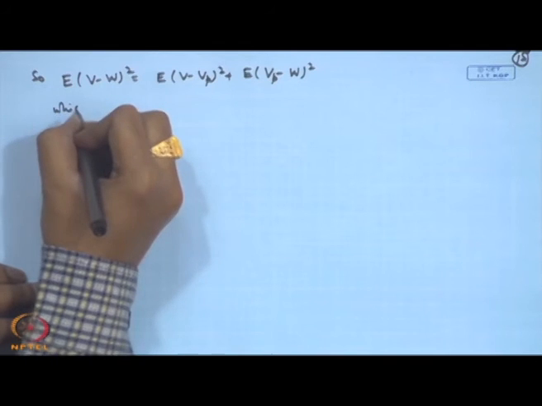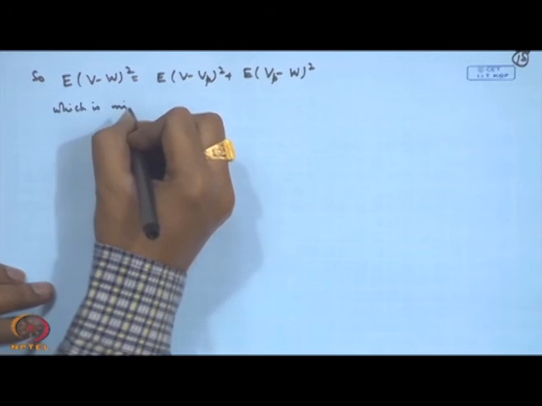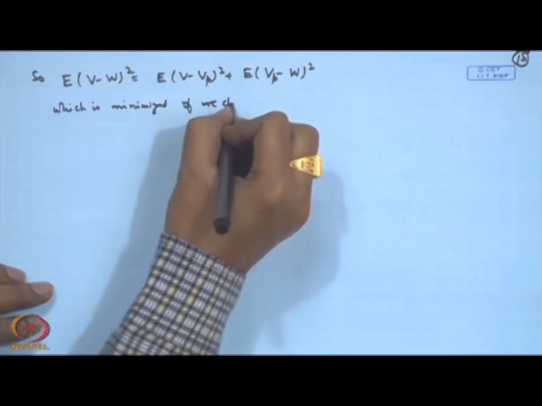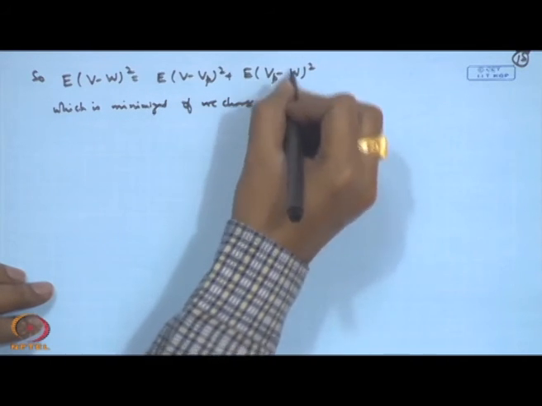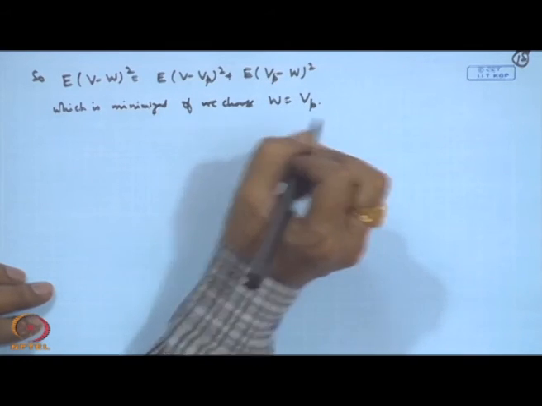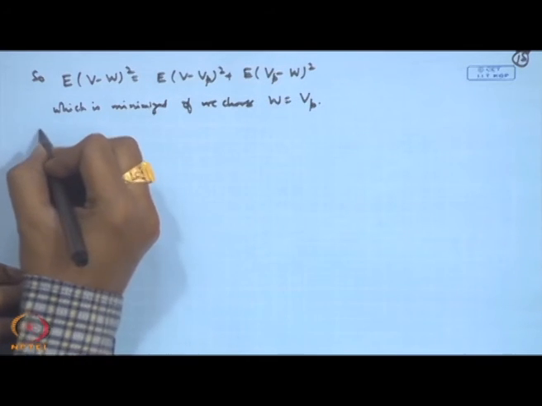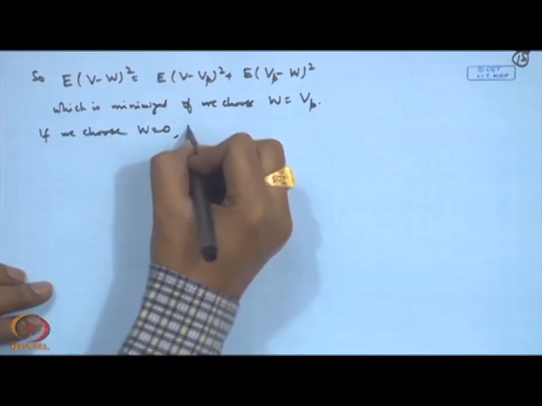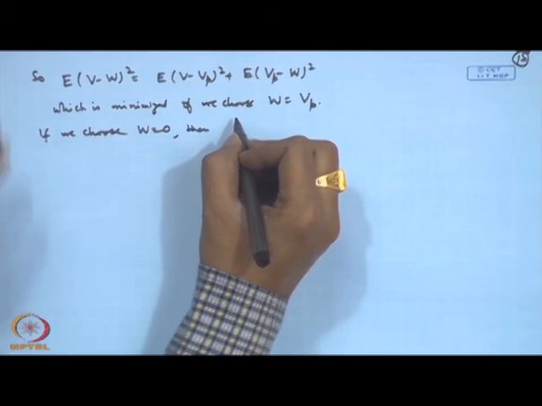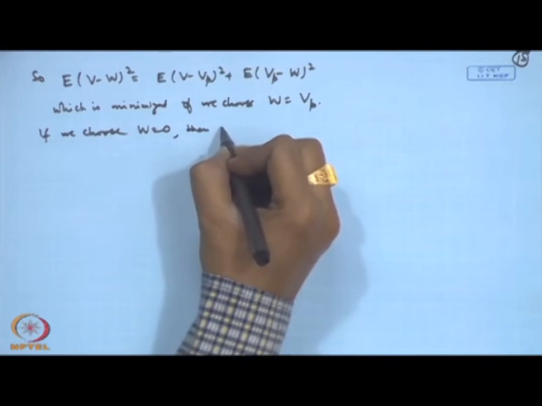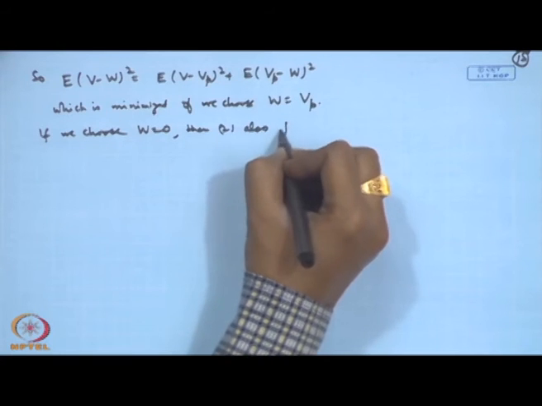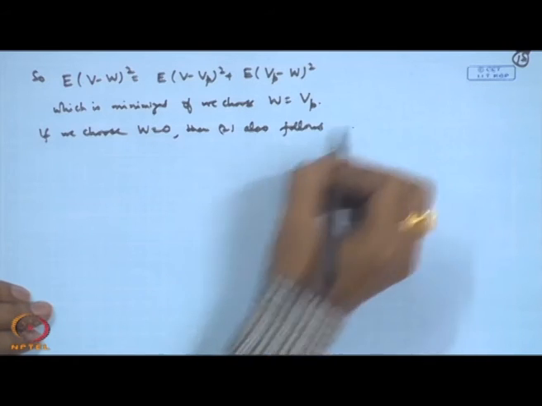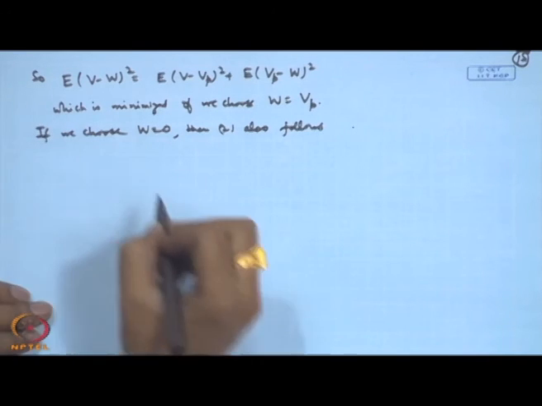So, this is minimized if we choose W equal to V_p here. If we choose W equal to 0, then the expression 2 also follows. So, this completes the proof of this projection theorem.